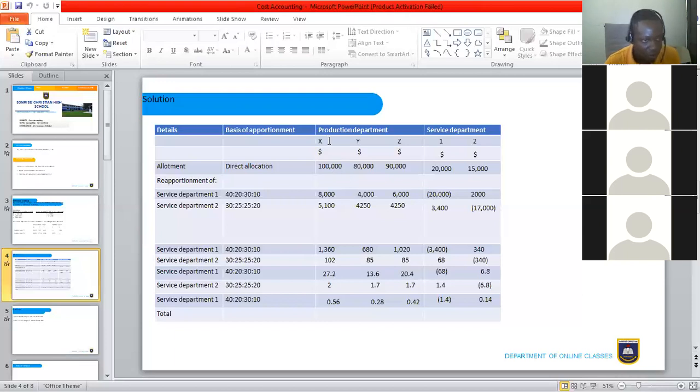For production department X, we arrive at 8,000, and then for production department Y, that will be 20 over 100 times 20,000.